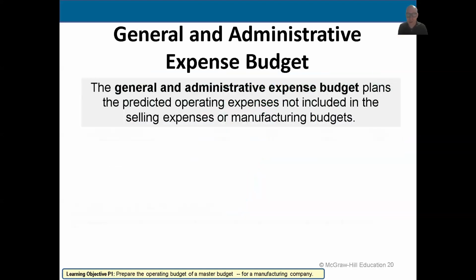The general administrative expenses are the office salaries, shipping expenses, etc. These come from the planned expenses on the income statement, which are line item expenses.